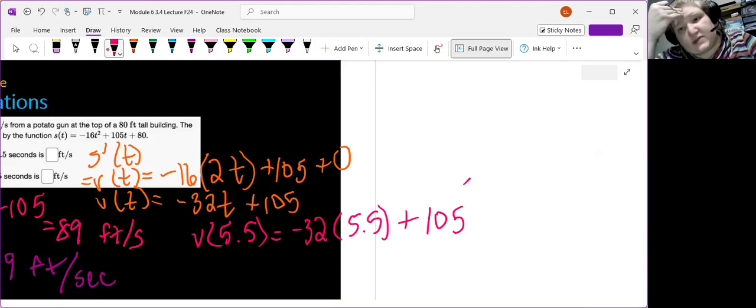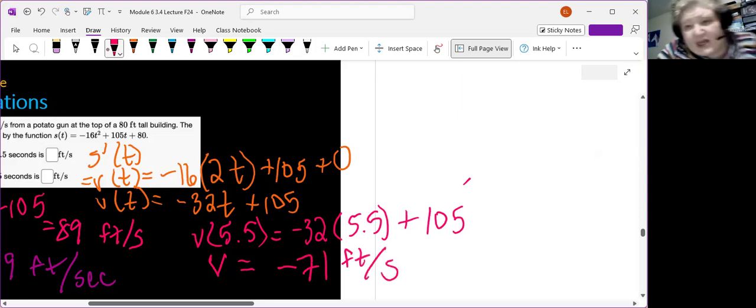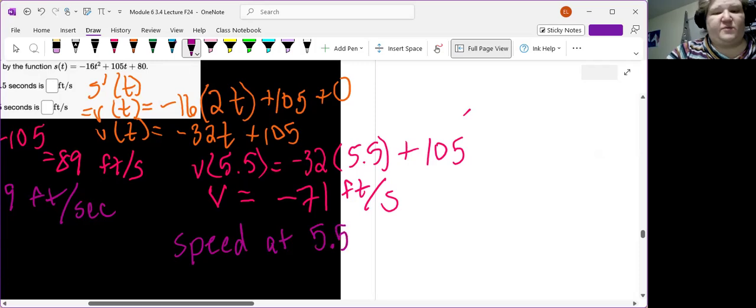So negative 76 and 5, negative 71. I know I did that in my head. Again, it's because I don't have a pretty calculator and I do way too much number crunching, like Sudoku puzzles. So our speed at 5.5 seconds is the absolute value of negative 71, which is positive 71 feet per second.